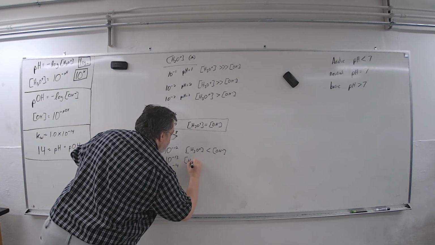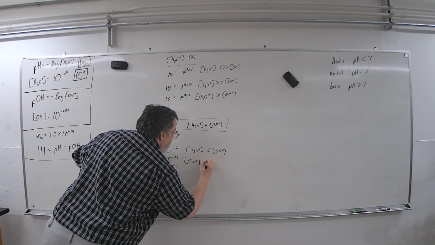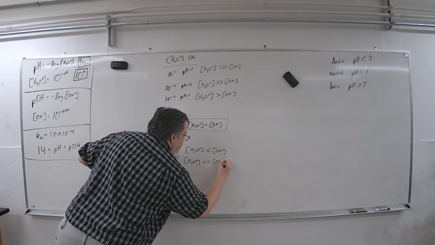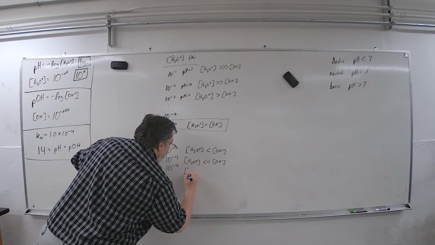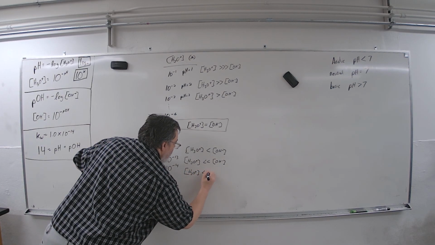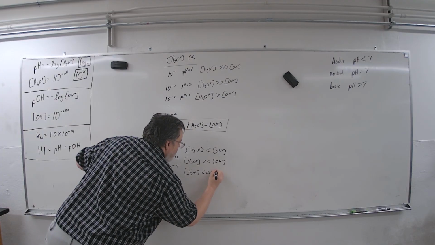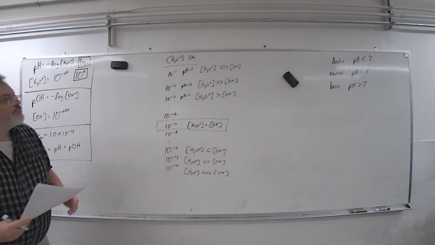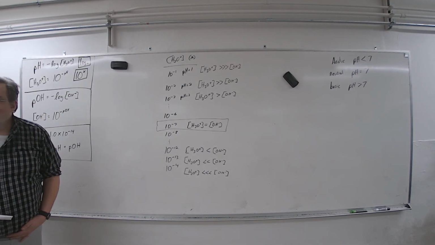Here, the concentration of H3O plus is much less than the concentration of OH. And then at 14, way less. In general. You follow that?